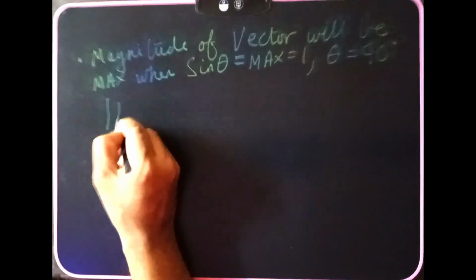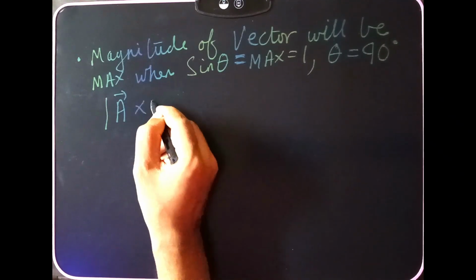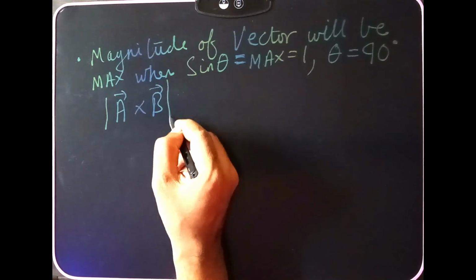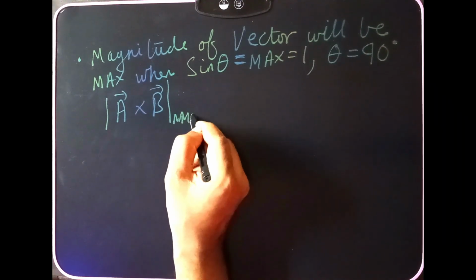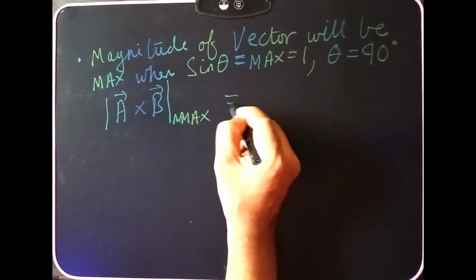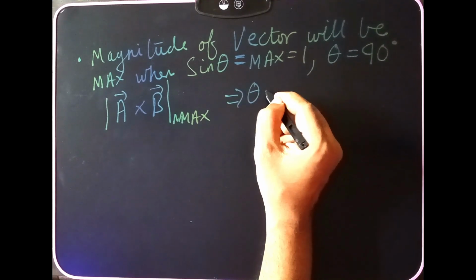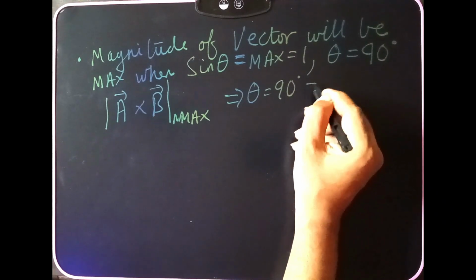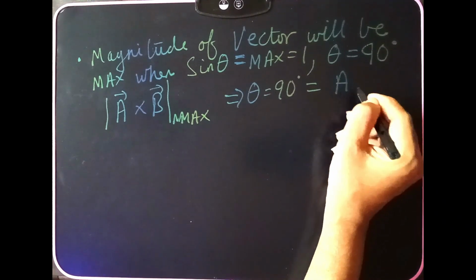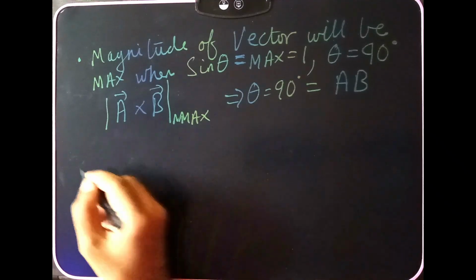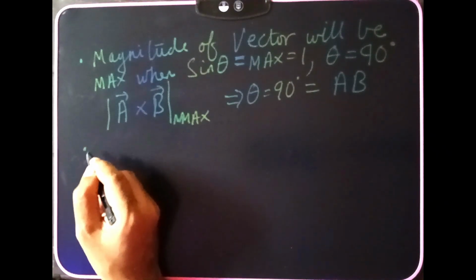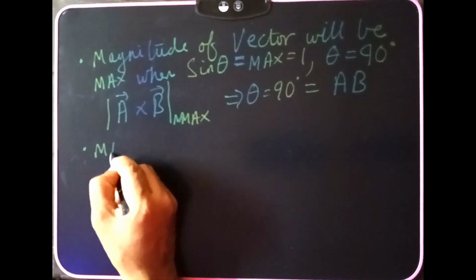So the magnitude of A cross B is maximum when theta is equal to 90 degrees, and then it will become equal to AB. Okay. Now what is the minimum condition?